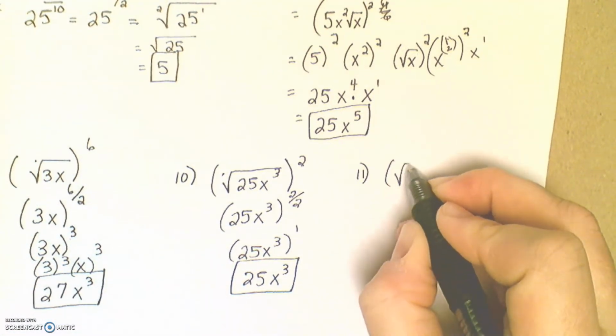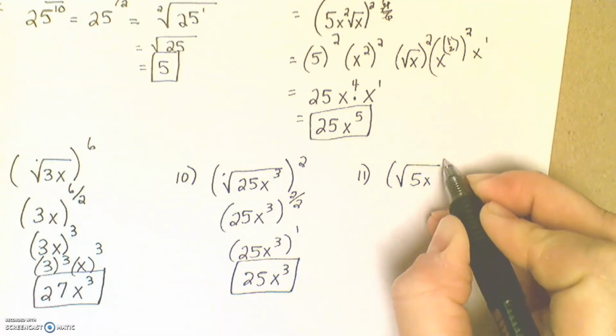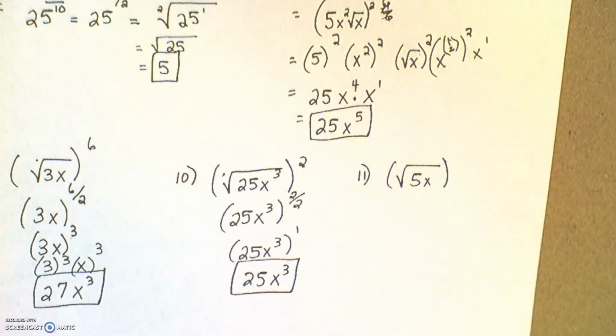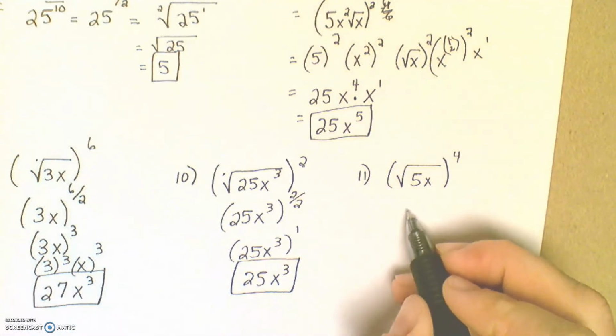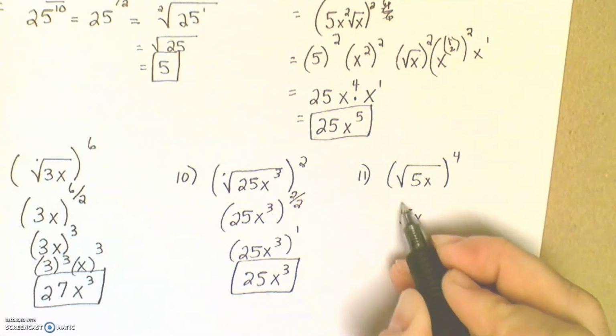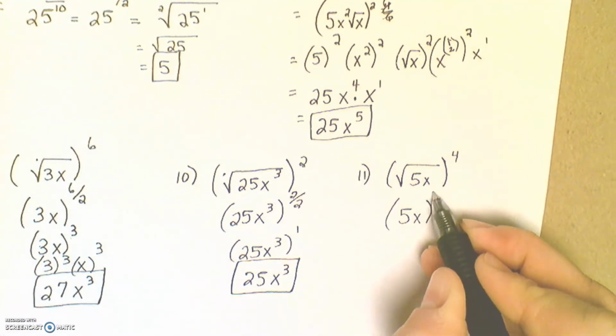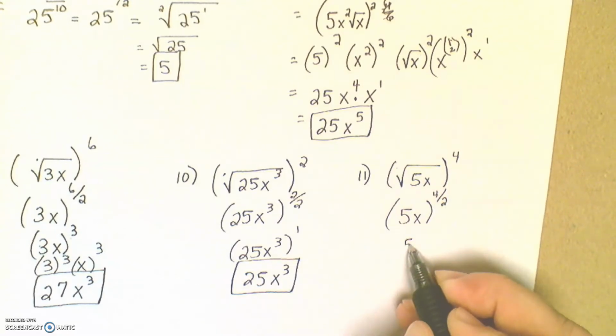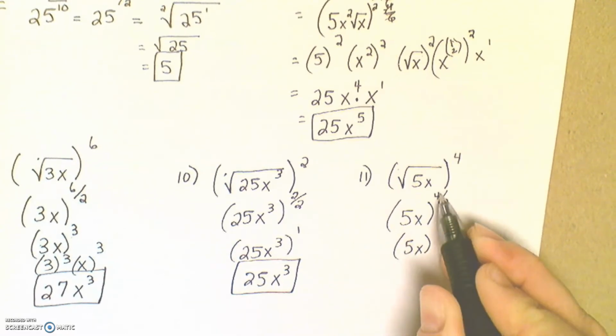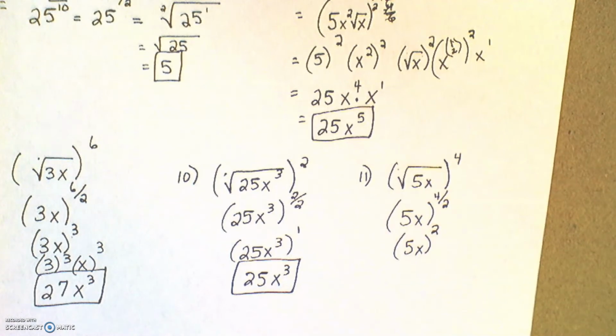Suppose we have the square root of 5x, all of that's raised to the fourth. 5x, exponent is 4, index is 2. 4 divided by 2 is 2.